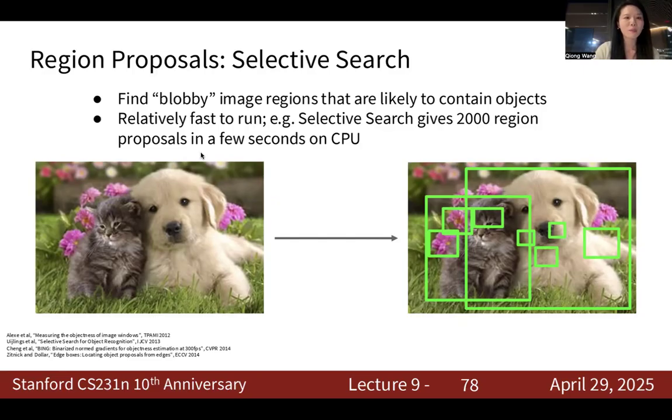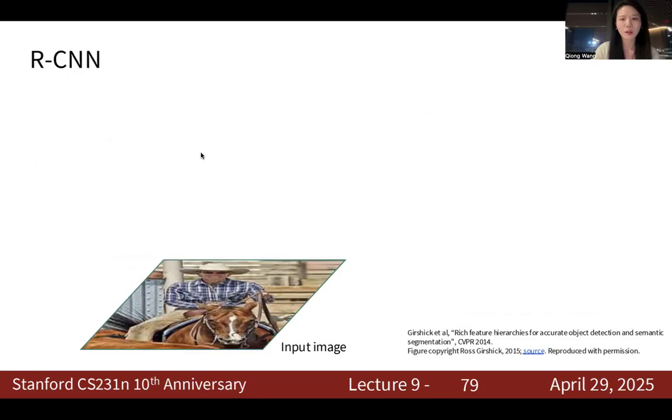We find blobby image regions that are likely to contain objects and are relatively fast to run. For example, selective search gives two thousand region proposals in a few seconds on CPU. Let us have a look at what we do.